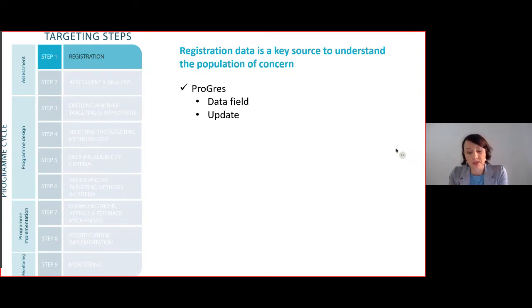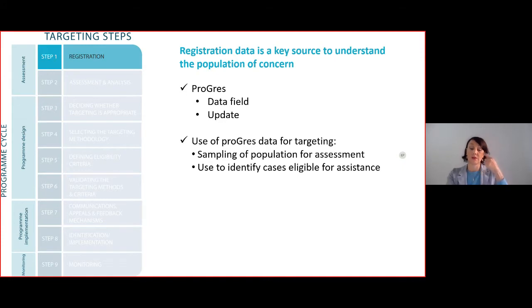So why is the registration data important for targeting? It is important for two main reasons. One, with the registration data, we know all the population that we are referring to. We have the socio-demographic characteristics of the population. We know the protection issues, and we have an idea of the population that we're talking about.